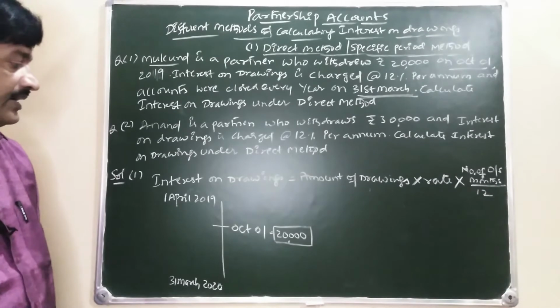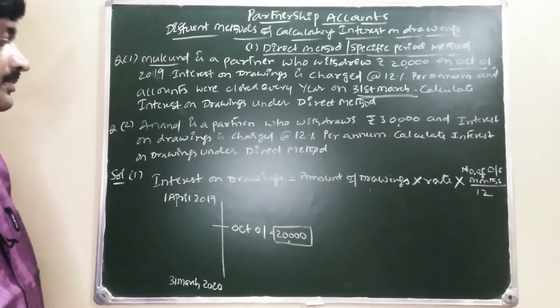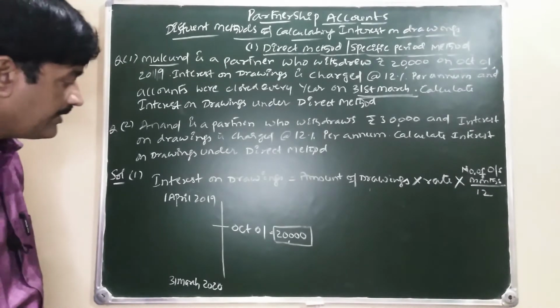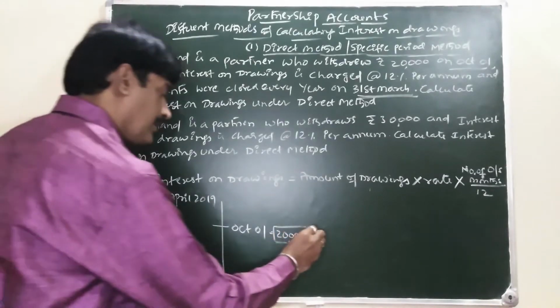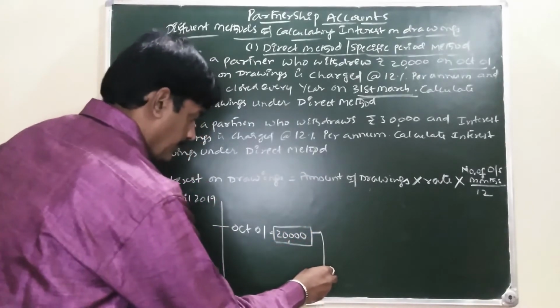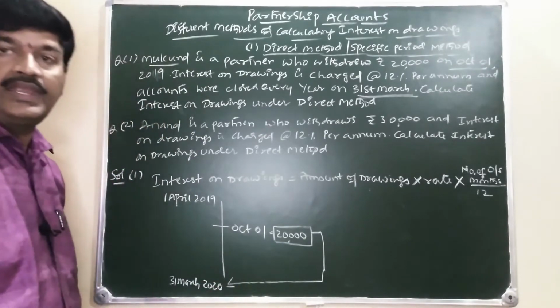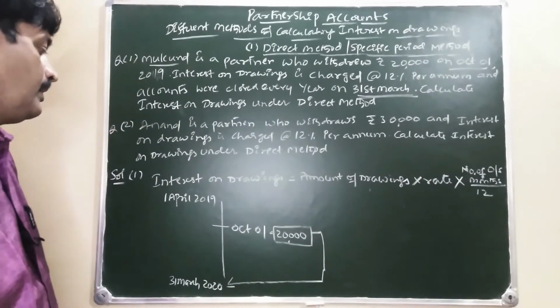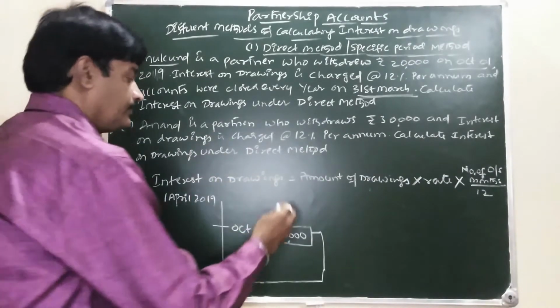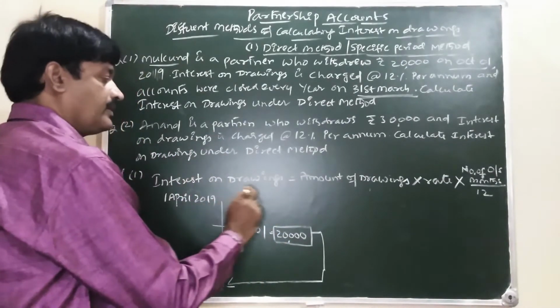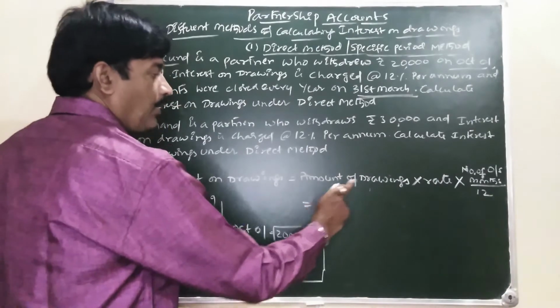How are we going to calculate interest on drawings under direct method? From the date of withdrawal to the closing date of accounting period. Now, interest on drawings is equal to amount of drawing.